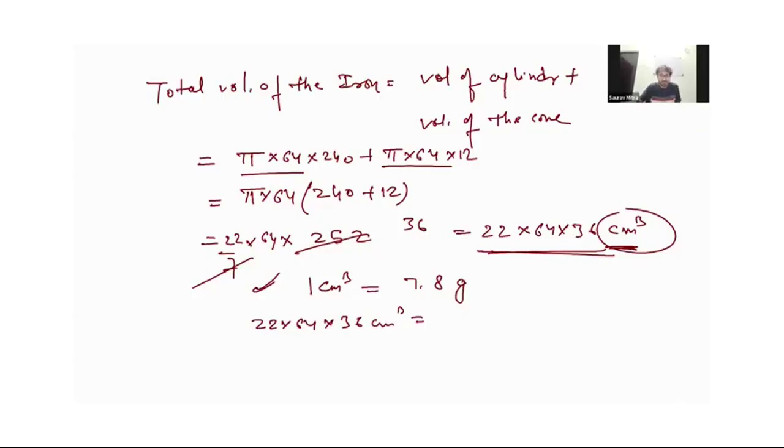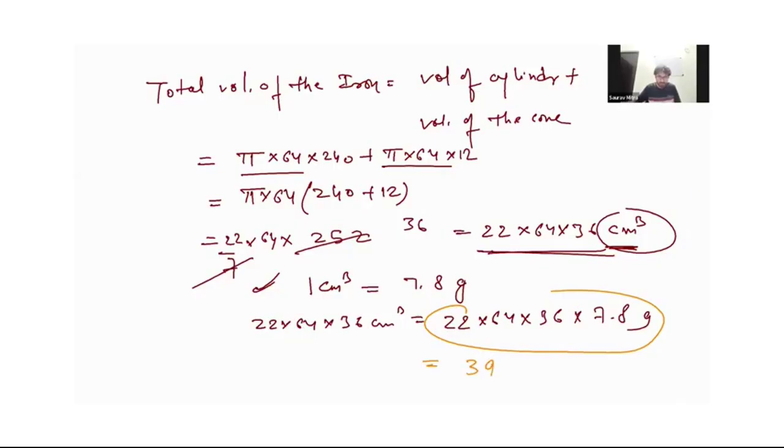So this is 22 into 64 into 36 into 7.8 gram. On multiplication, we will get the final answer. We have to give the complete solution, otherwise marks will be deducted. So this is the weight of the iron pillar. Clear?